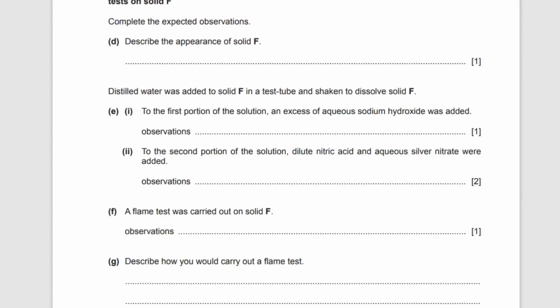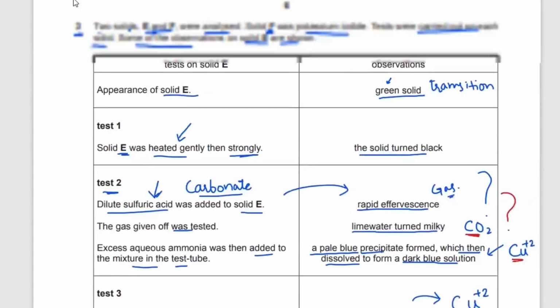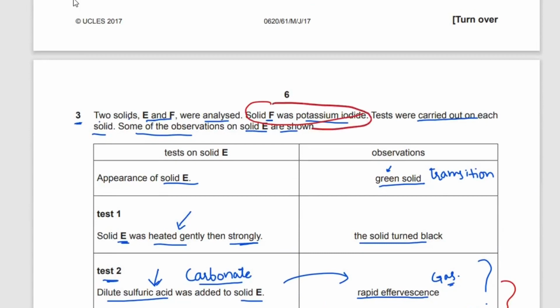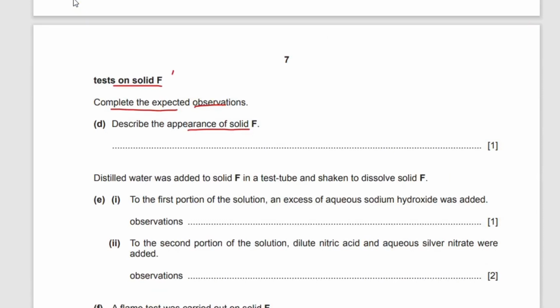The next part is test on solid F. Complete the expected observations. Describe the appearance of solid F. Let's see the question again. So they are telling us that solid F was potassium iodide. Right? I will write here for my ease, but you will not write in the exam paper. You can just see the question.